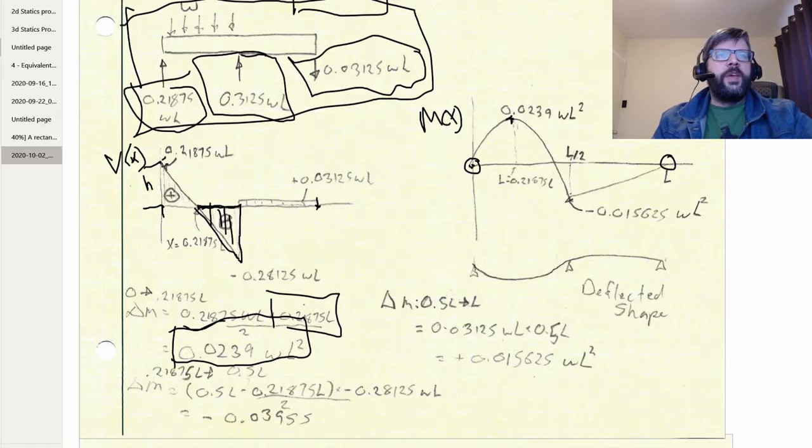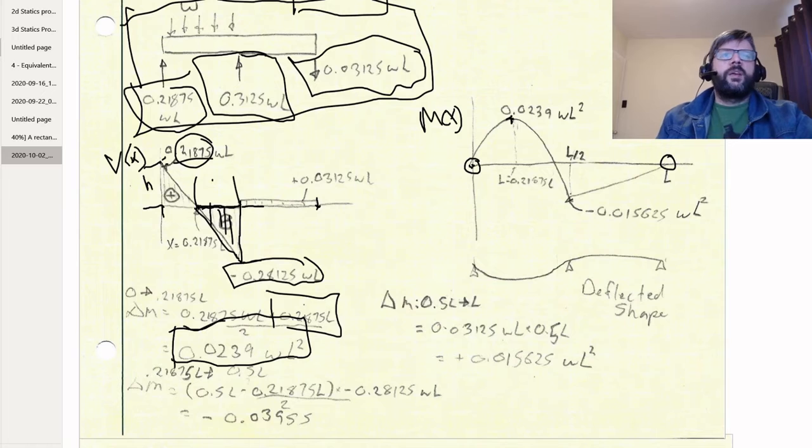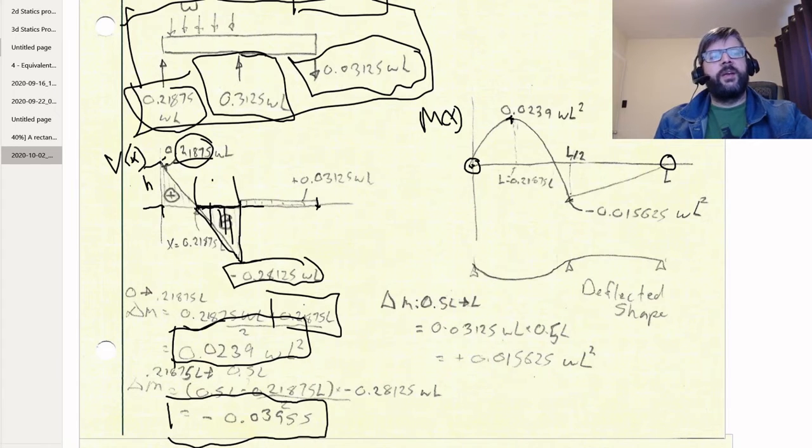So the base here is going to be 0.5 L minus 0.21875 L. And then the height of that triangle is obviously going to be this value here, minus 0.28125 WL. And divide by 2, because it's a triangle. And that gives us a change in moment of negative 0.03955. So we're going from here, and we're dropping down to this point.